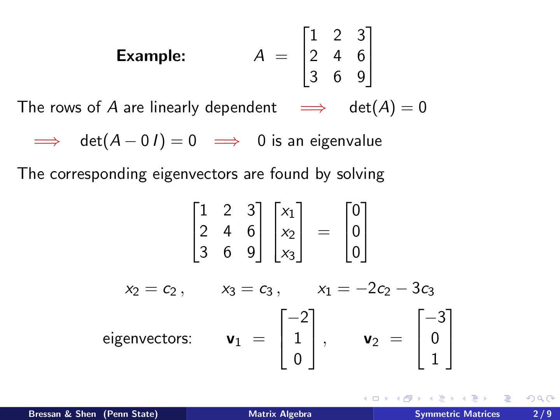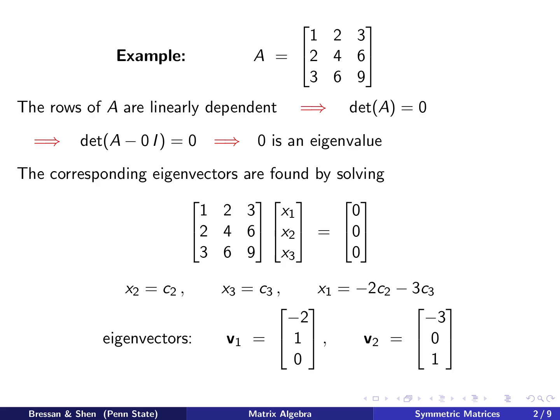So we can choose two arbitrary constants. Let's say we pick x2 and x3 to be two arbitrary constants. We call one c2 and call the other one c3. And then you can solve for x1 from that equation. It's just negative 2 x2, which is c2, minus 3 x3, which is c3.